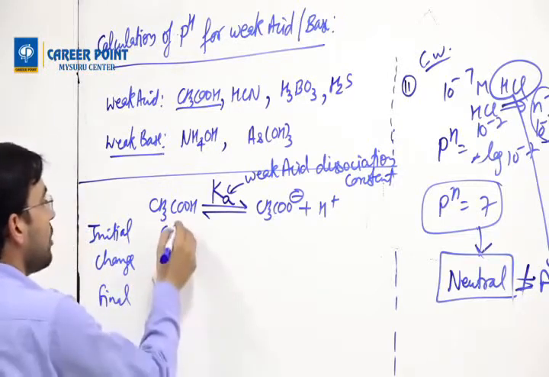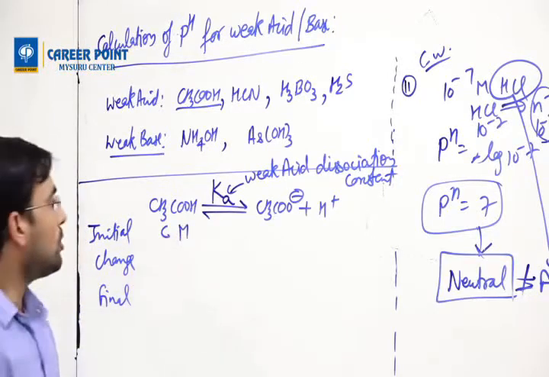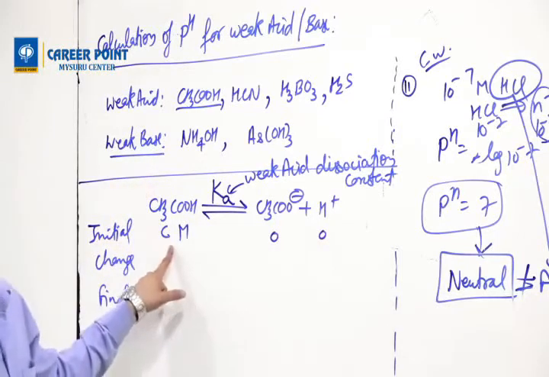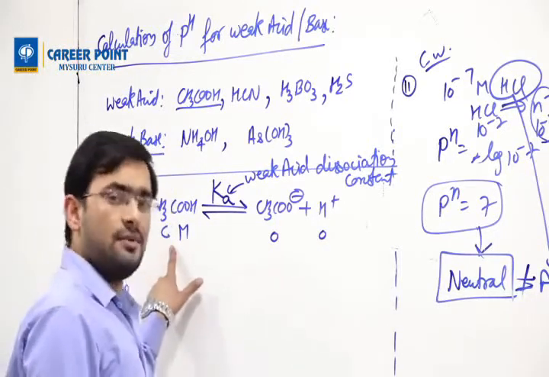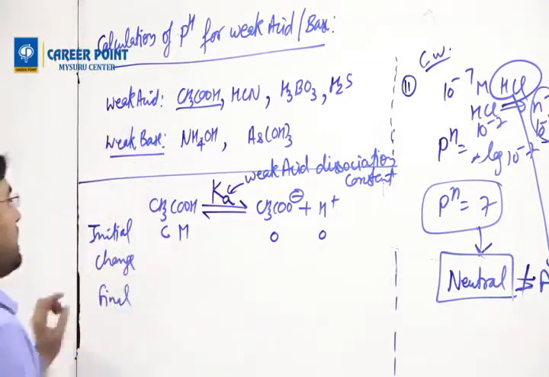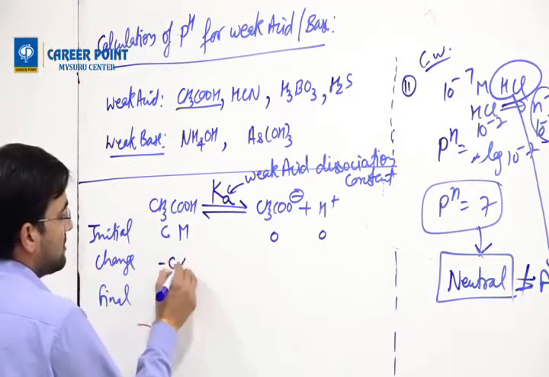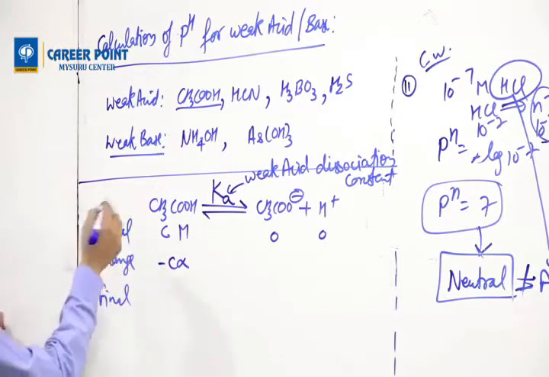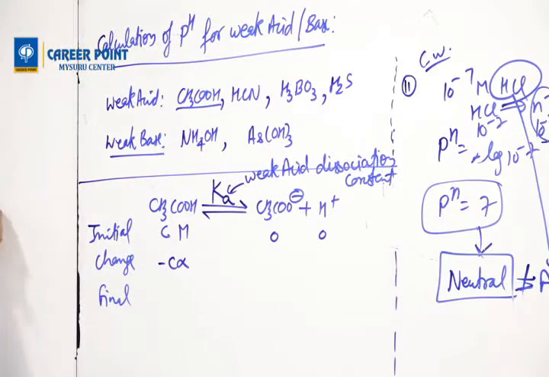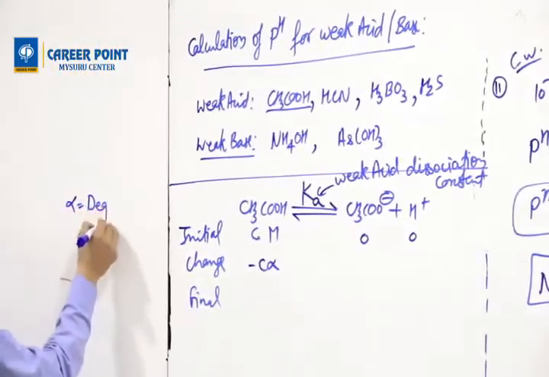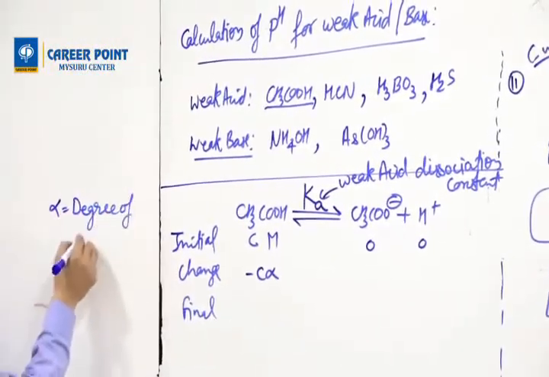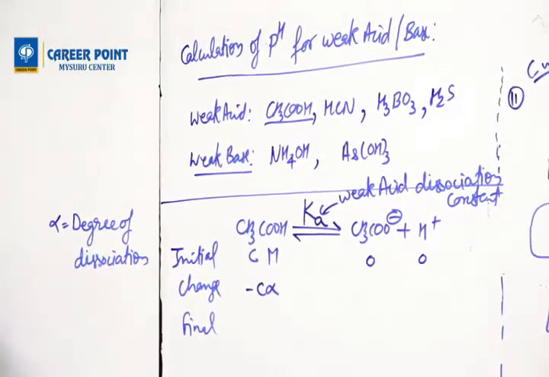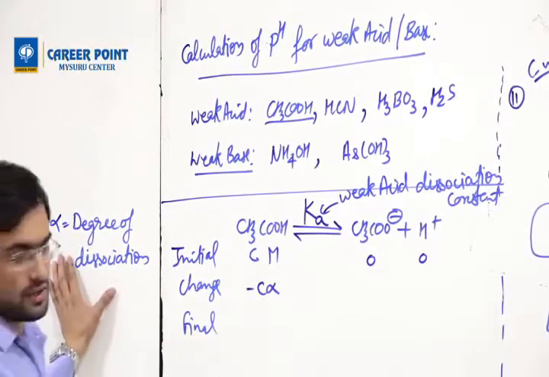Initially we take C molarity, and 0, 0. Now this is molarity, not moles. In chemical equilibrium, we have done with moles. This is molarity. So the change is known as C alpha. Now alpha is what? Alpha is known as the degree of dissociation.